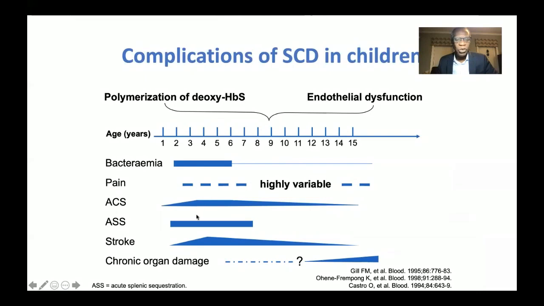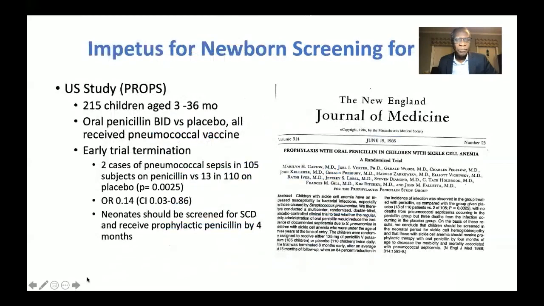Acute splenic sequestration tends to occur in early life because by the age of 8 years, most patients with severe forms of sickle cell disease will have had functional asplenia. And stroke is probably the most devastating complication of the disease. Chronic organ damage occurs later in adolescence and with time, and gives opportunities to pediatric clinicians to really embark on strategies to prevent or delay chronic organ damage.